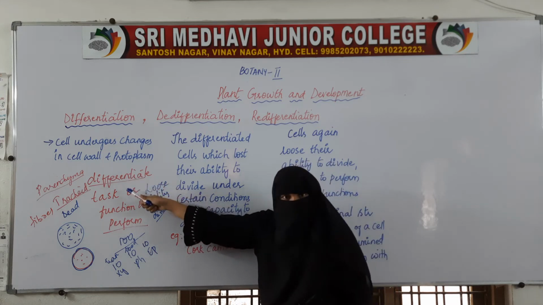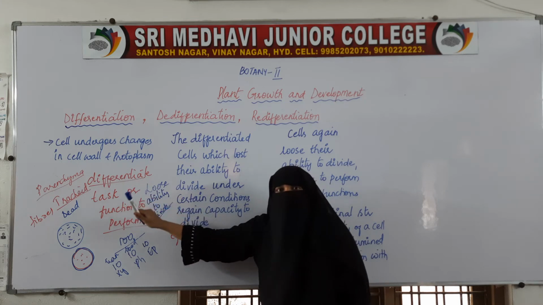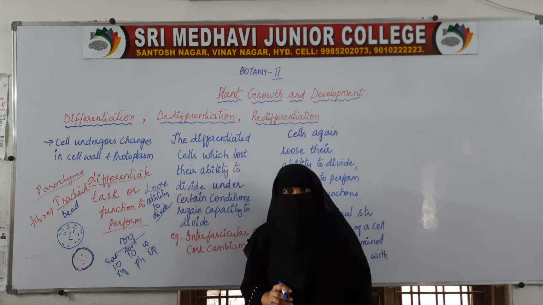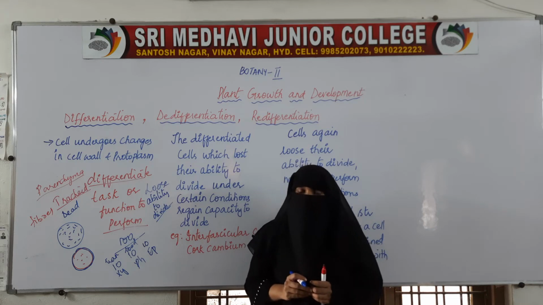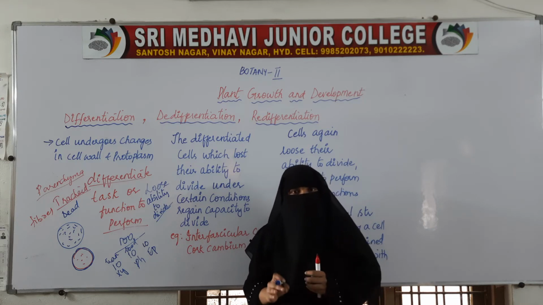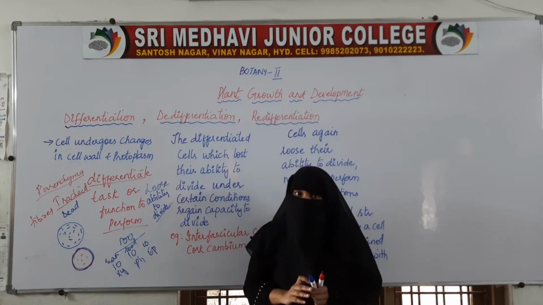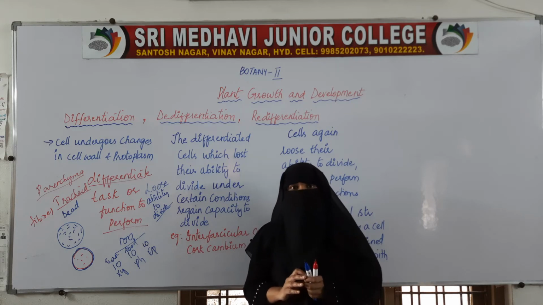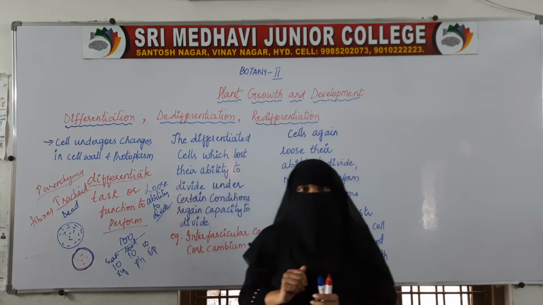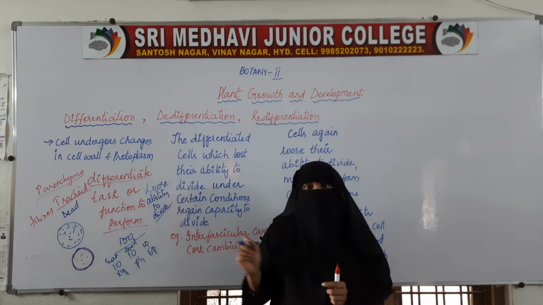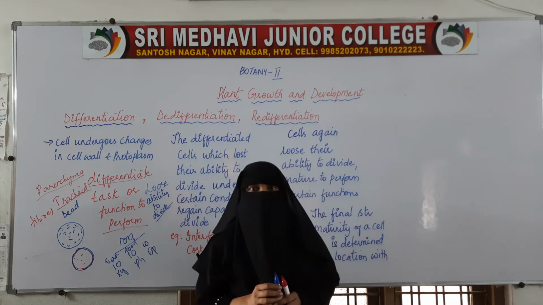Here, after differentiation, the cell has lost its ability to divide. But in a few cases, few cells, even after losing their ability to divide, will again regain their ability to divide. For example, here cells of interfascicular cambium.